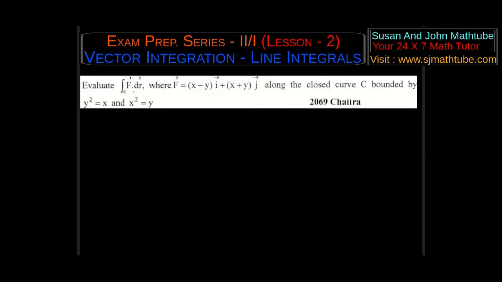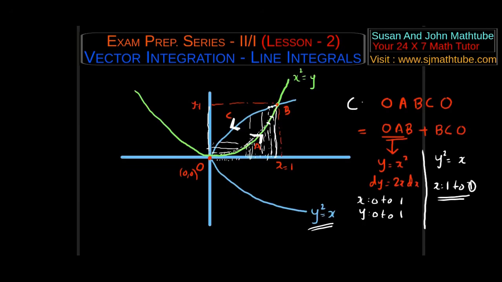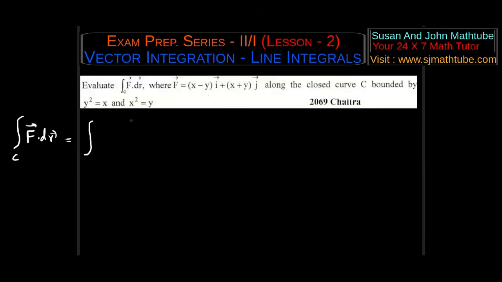Now we have to find the integral over C of F dot dr. And that is equal to the integral. C is actually OABCO. I shouldn't have used this C. Anyway, let's continue with this. So that is OAB plus BCO.